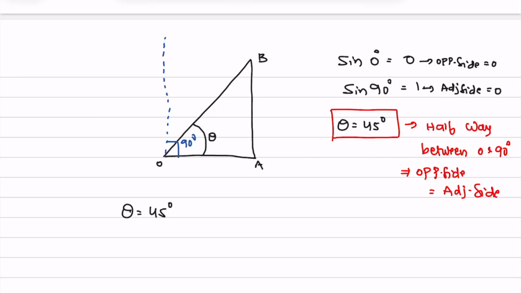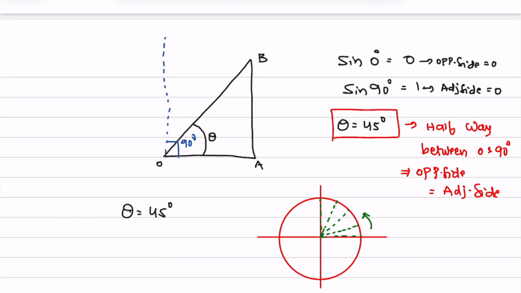Because the opposite side and adjacent side are moving in such a way, it is a circle, unit circle. I am taking the first quadrant values. From 0, theta is increasing this way. Theta is measured from the positive x-axis in the anti-clockwise direction, not in the clockwise direction.